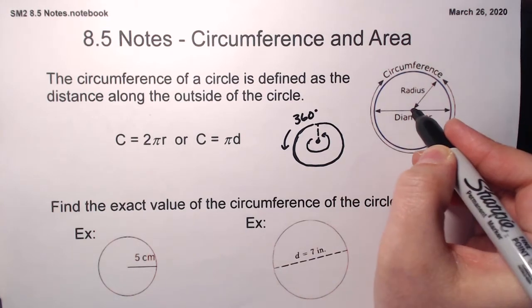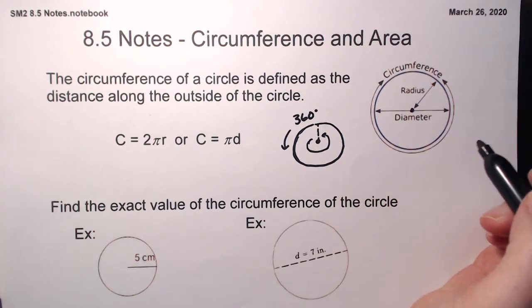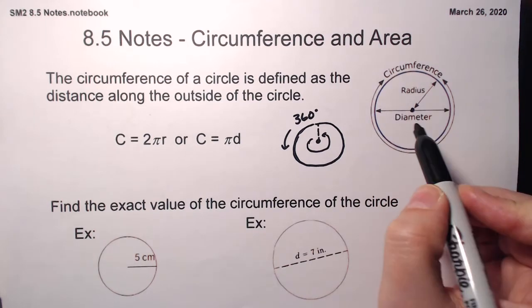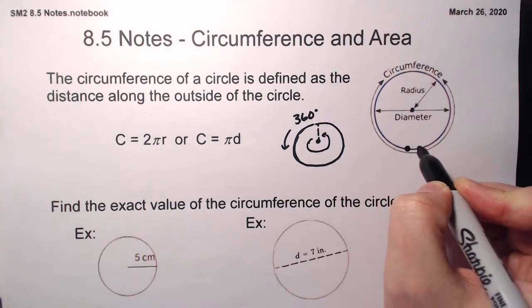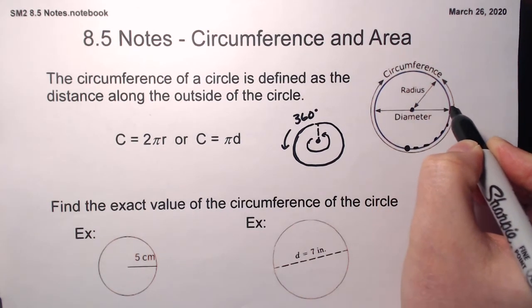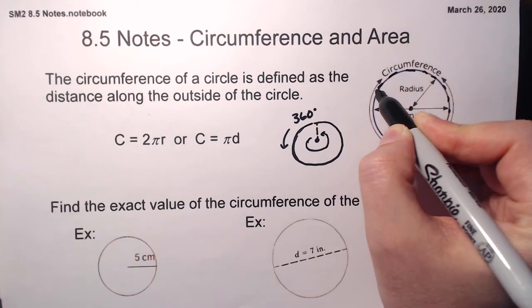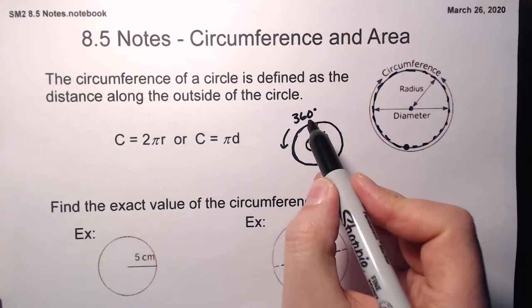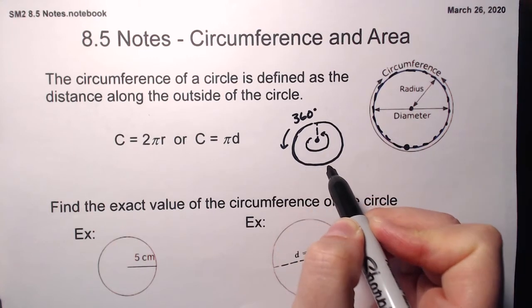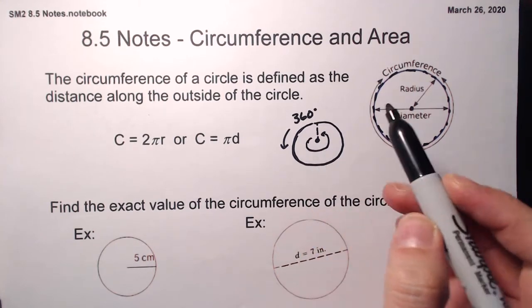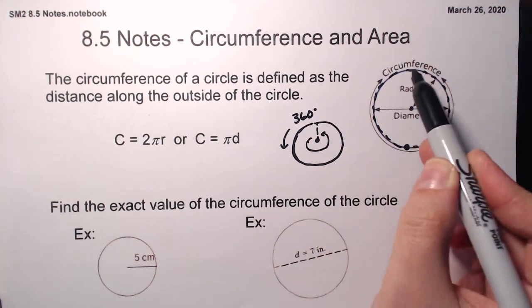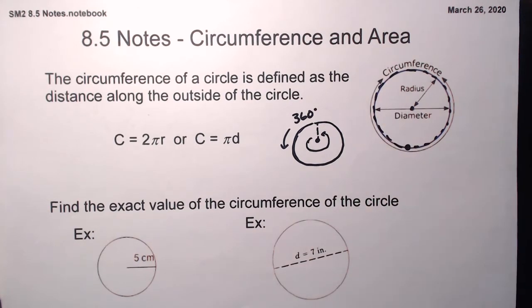But if I am at the center, that doesn't help me find the circumference. I actually have to be on the edge and I walk the distance. So when I say a degree, I'm talking about how far I've turned. If I'm talking about circumference, it's how far I've walked.